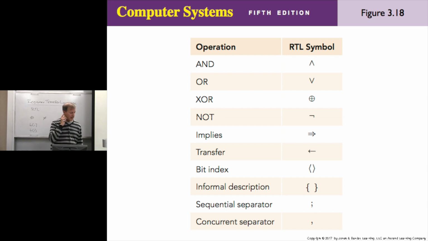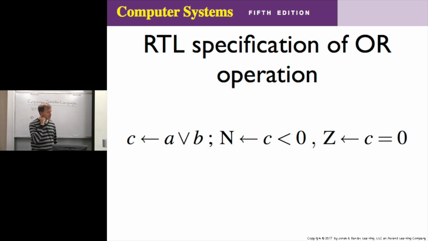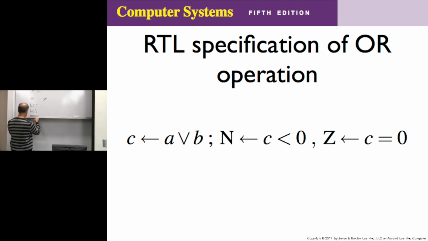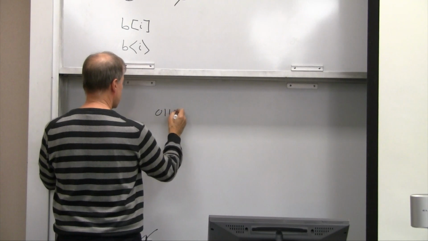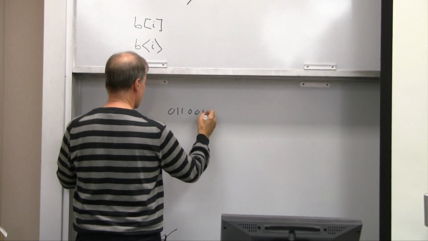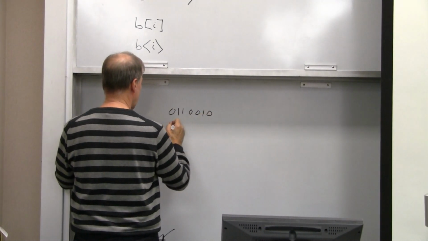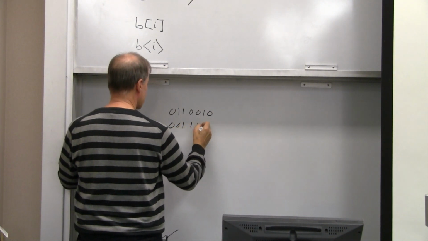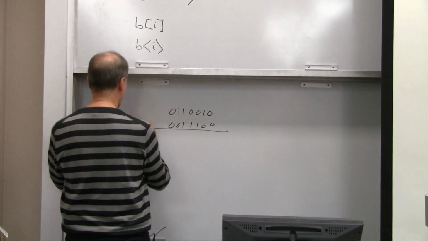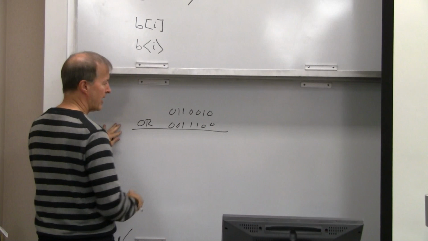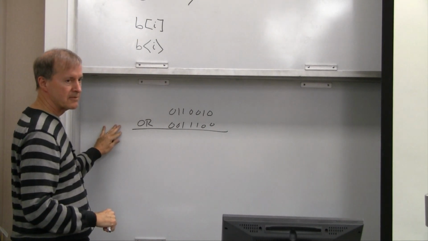But anyway, let me give you here the RTL specification of the OR operation. So you know, if we were to do this, 0 1 1 0 0 0, 0 0 1 0 0 0, 1 1 1 0 0, and if we did OR, how would you OR? Now, how does the OR operation work?